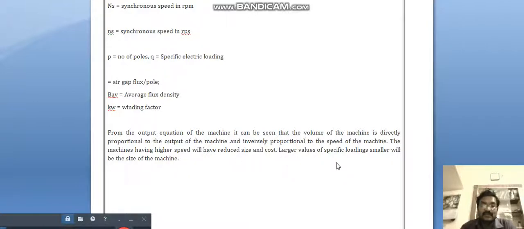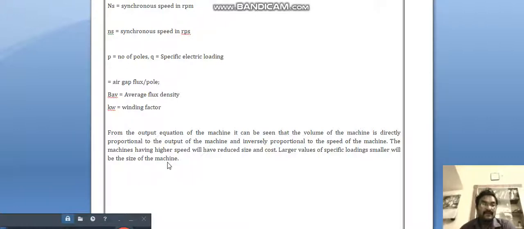With larger values of the specific loadings, the size of the machine will be smaller. So if the specific electric loading and specific magnetic loading values are high, then the size of the machine will be reduced.